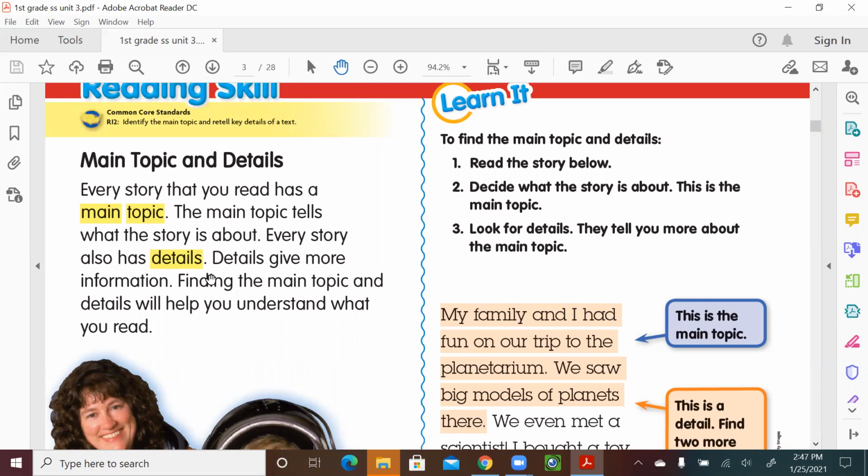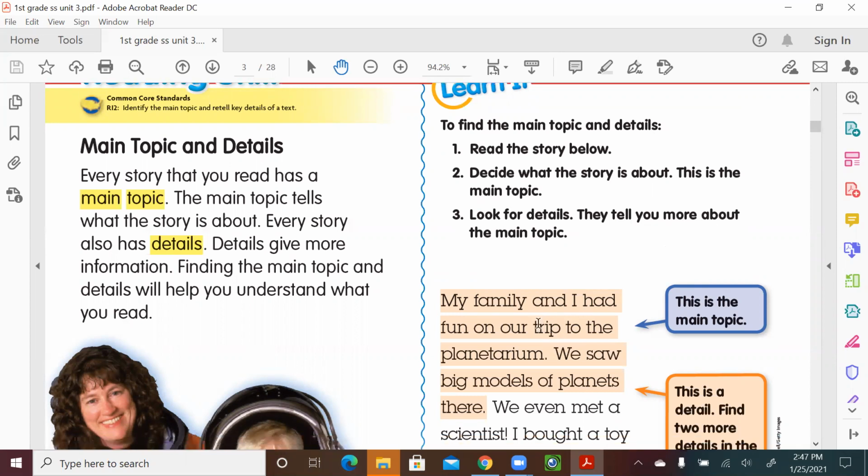Every story also has details. Details give more information. Finding the main topic and details will help you understand what you read. To find the main topic and details, read the story below and decide what the story is about. This is the main topic. And then look for details, and that will give more information about the main topic.